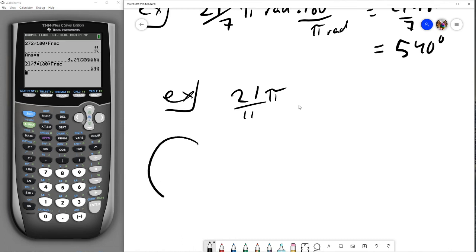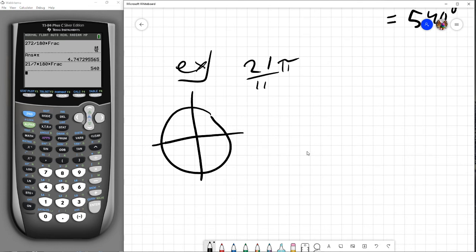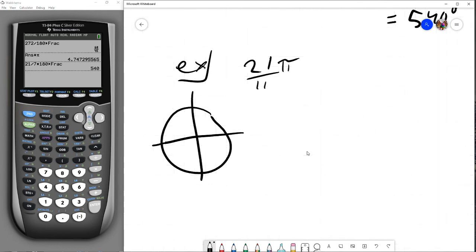So 21 over 11 pi, huh? What quadrant would we be in? So I think it's going to be over here somewhere. Let's find out. 21 divided by 11 times pi. Yeah. So 21 over 11 pi is going to be somewhere over here.